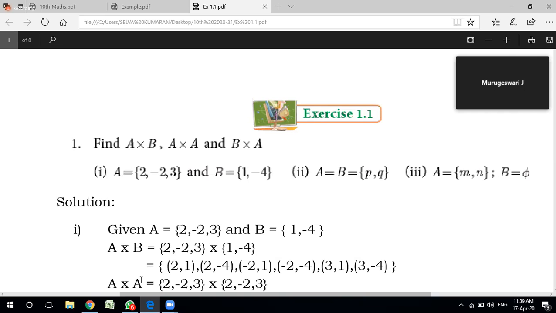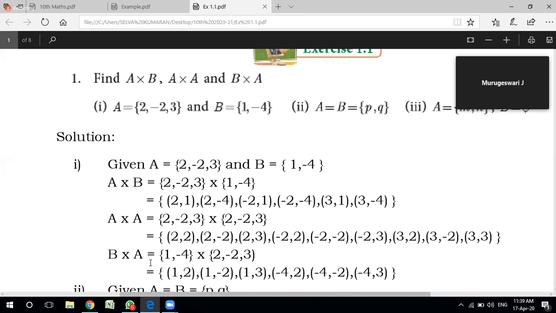A cross A is the cross product of A with itself, so both sets are the same. Again, you can write the ordered pairs. How will you check this answer is correct? Do you know the number of elements in A? How many elements in A? 3. Again, the elements in A is 3. What is the number of elements of A cross A?